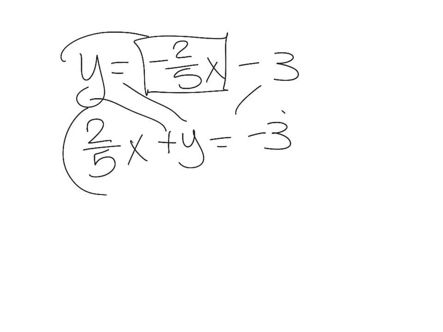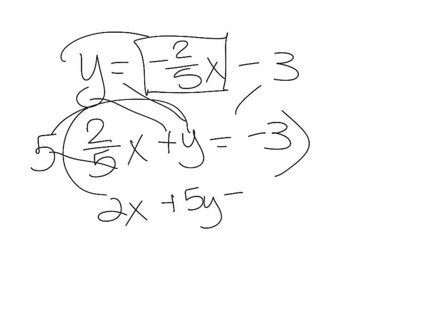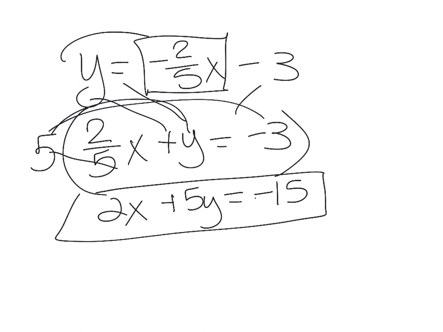Step 2, get rid of my fraction, so I multiply by the denominator. That cancels with that. And then 5 times y would be 5y equals 5 times -3 would be -15. I have a positive x, so I'm good. And that would be my standard form answer.